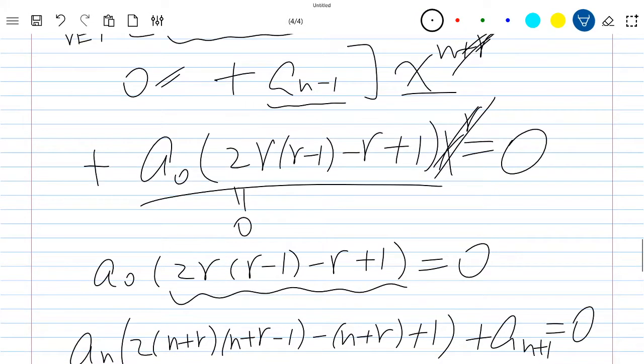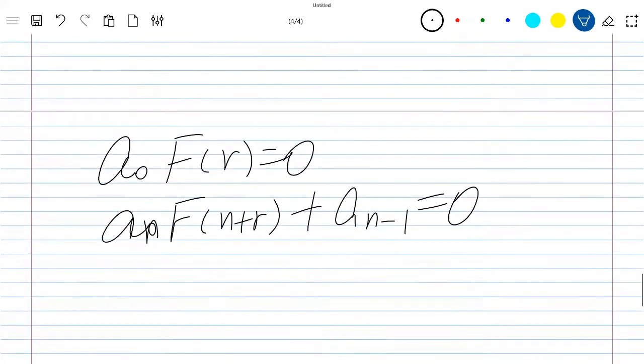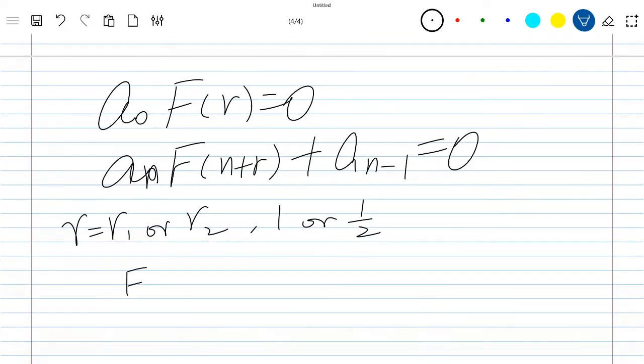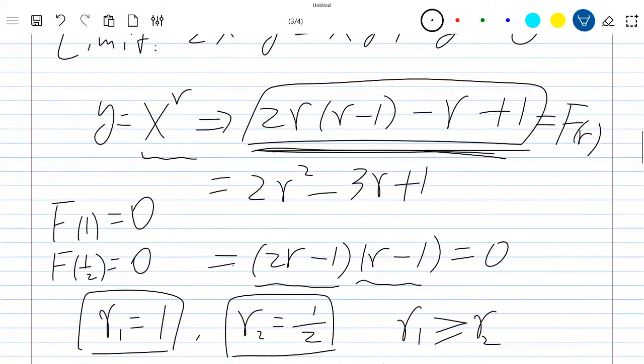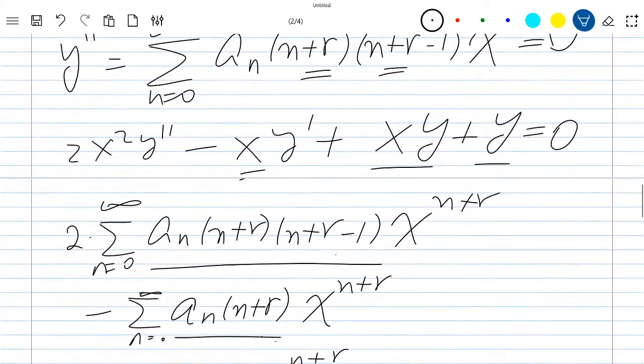Right? It's minus 1. So, well, it still looks confusing. But don't forget that r is either r1 or r2. Right? And in this case, it's 1 or 1/2. And now let's see, what is f of 1? Well, you see, f of 1 equals 0. F of 1/2 is also 0.